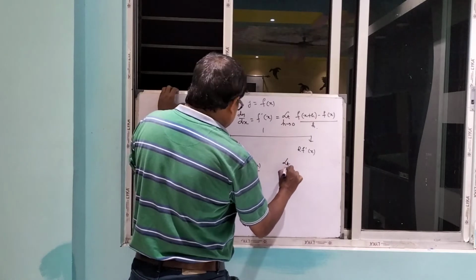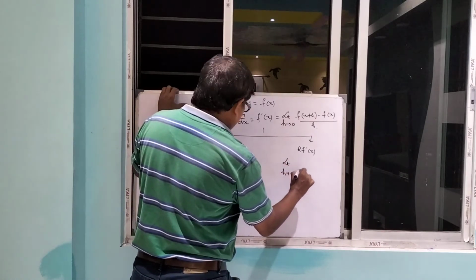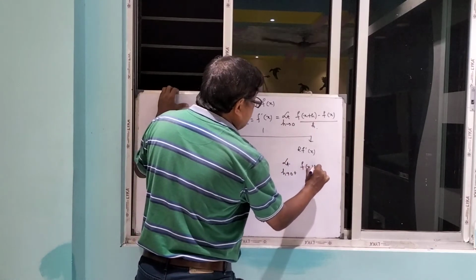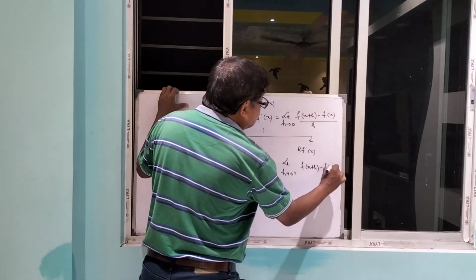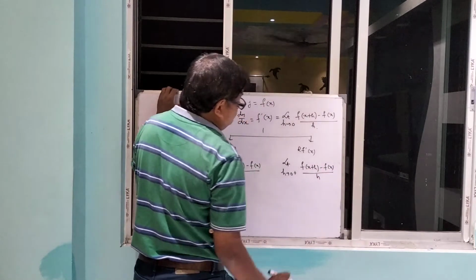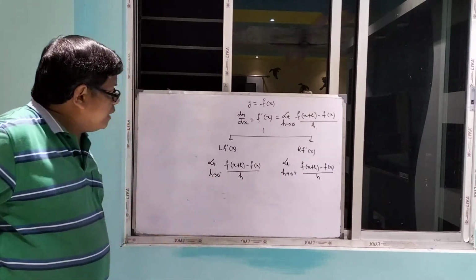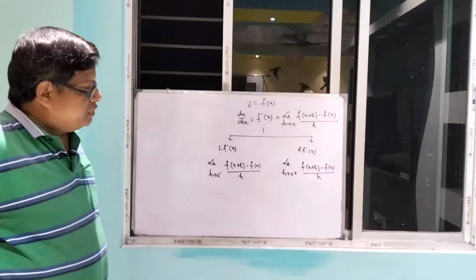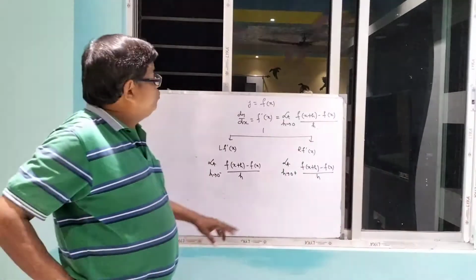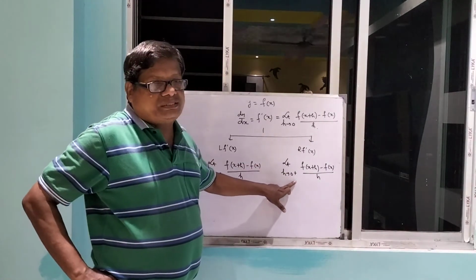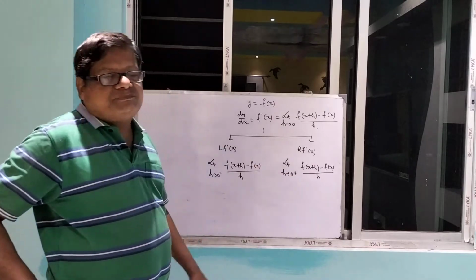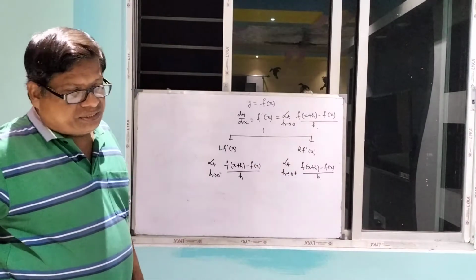And Rf dash x will be limit h tends to 0 plus, f of x plus h minus f of x by h.